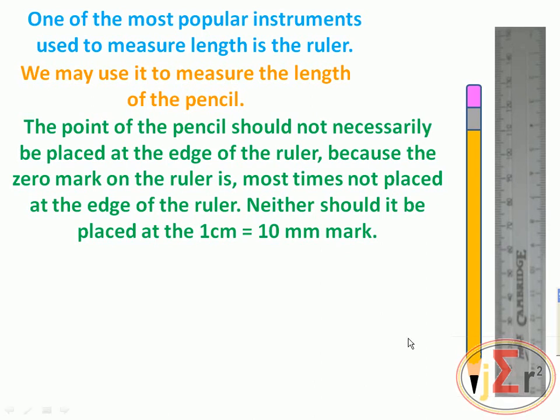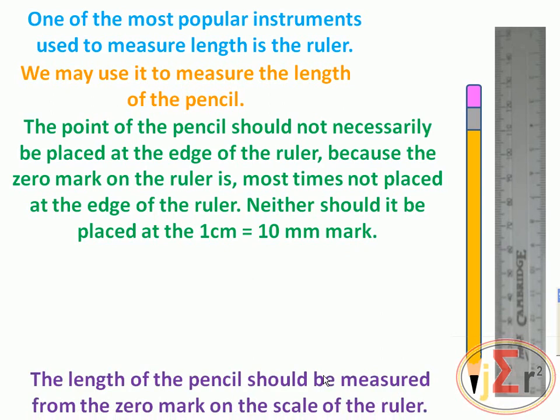If you look very carefully, you will see that we have the edge of the ruler right there, and a little above the edge of the ruler, that is where we have the zero mark. So the zero mark is a little bit inside of the edge of the ruler. It is not at the exact edge of the ruler. So do not put the pencil at the edge of the ruler when you are measuring. Put it at the 0 mark.